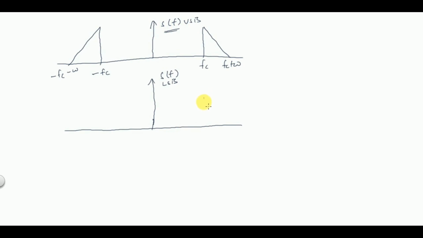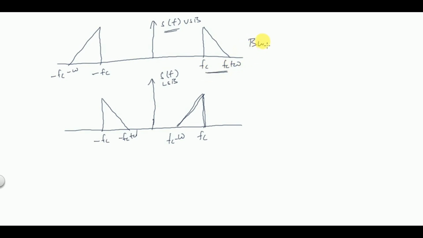Similarly, if you draw the spectrum of SSB with the lower sideband, only the lower sideband is going to be transmitted, from fc minus W to fc, and similarly on the negative side, from minus fc to minus fc plus W. In both cases, what is the bandwidth?